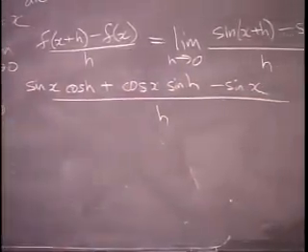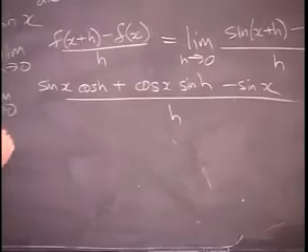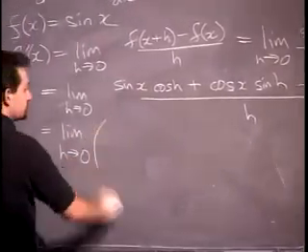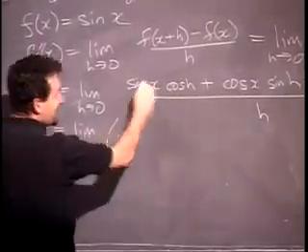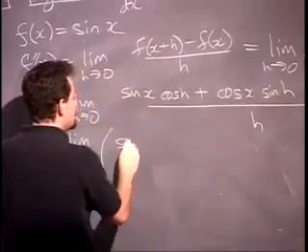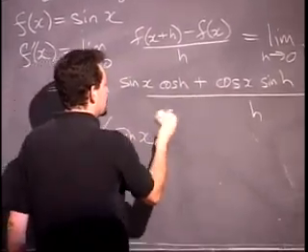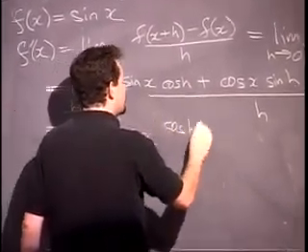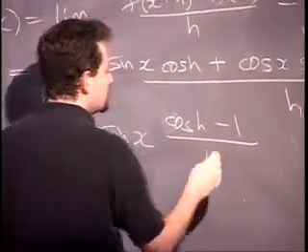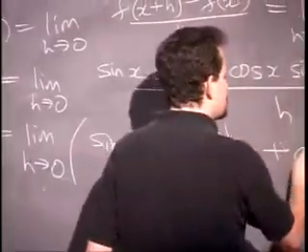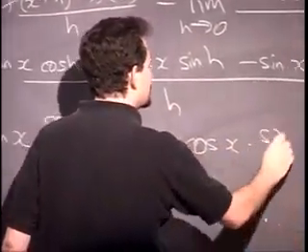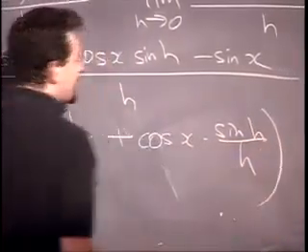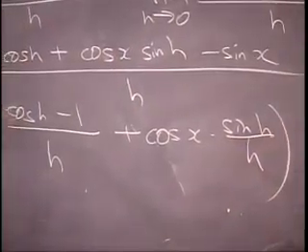Anyway, if you factor this out, you can write this as 2 limits. So I'm going to group the sine x together. I'm going to get sine x outside of cosine h minus 1 over h. And I'm going to get a cosine x times sine h over h. And now I want to take the limit as h goes to 0.